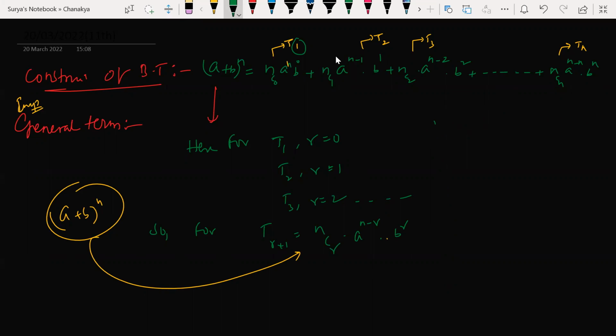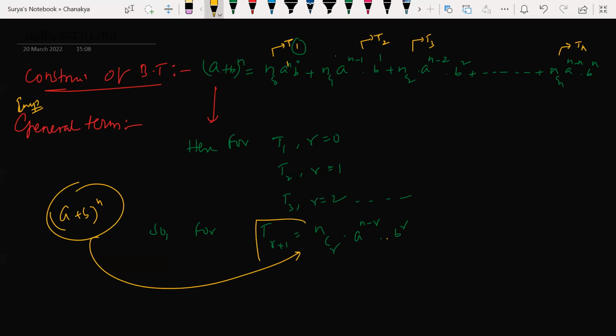So beta, you can say a1, a2. A1 is the first term, a2 is the second term. Or you can say t1, t2 also, correct. I'm denoting with t1, t2, t3, t4, which is nothing but term 1, term 2, term 3, term 4, and so on.